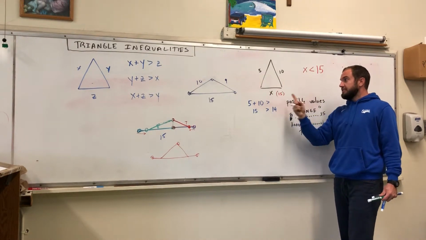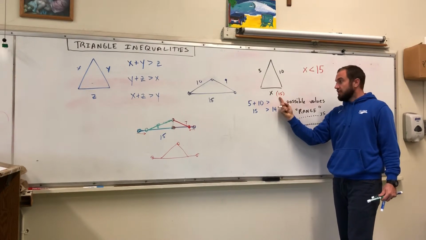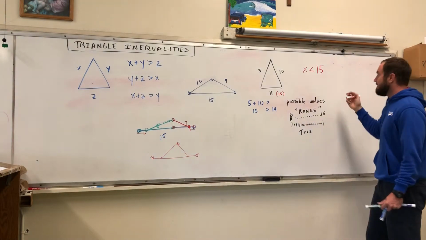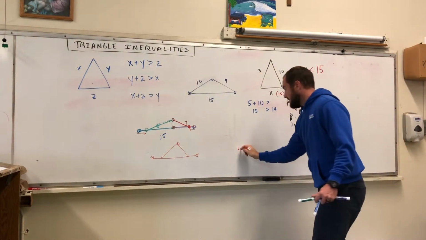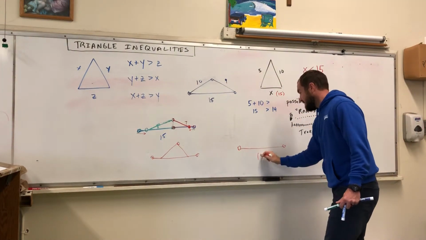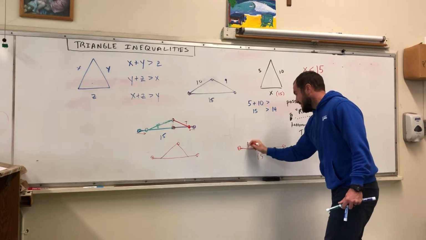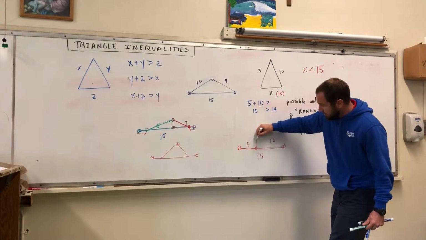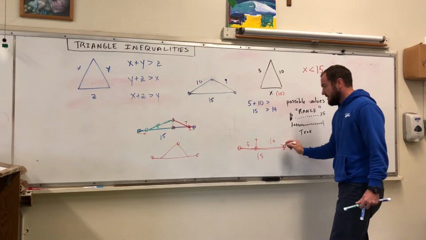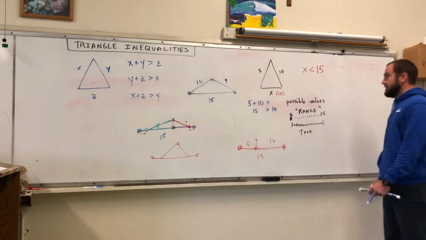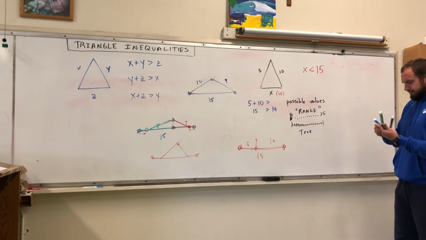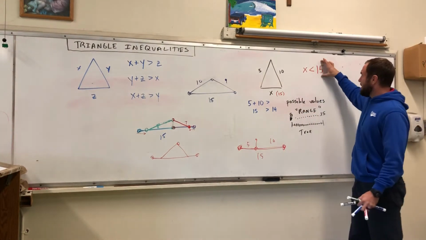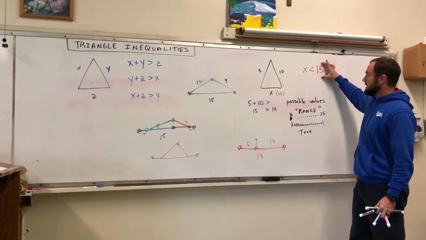These two sides added together are not greater than the third. So if this was 5 and 10 and this was 15, I would have that scenario again where here's the 15, here's your 5, here's your 10, and I can't pull this point up because these vertices would no longer be connected.